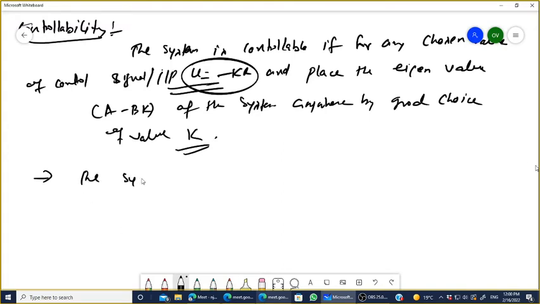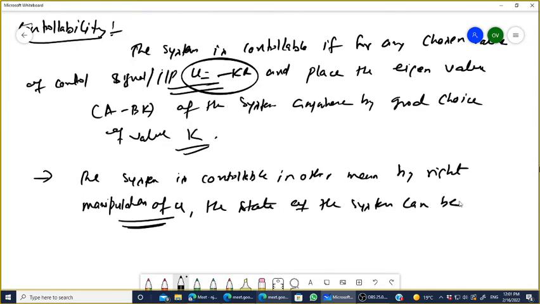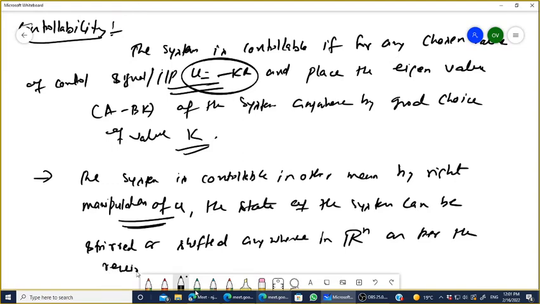The system is controllable, in other words, by right manipulation of u, u को करेक्टली चेंज करके, मैनिपुलेट करके, the state of the system can be steered or shifted anywhere in R space as per the requirement, जैसा हम चाहते हैं.